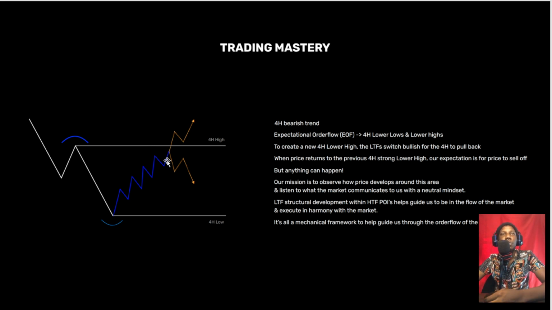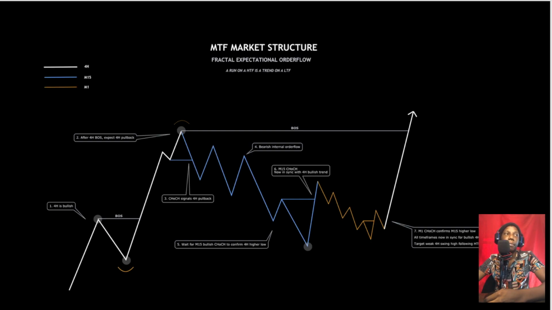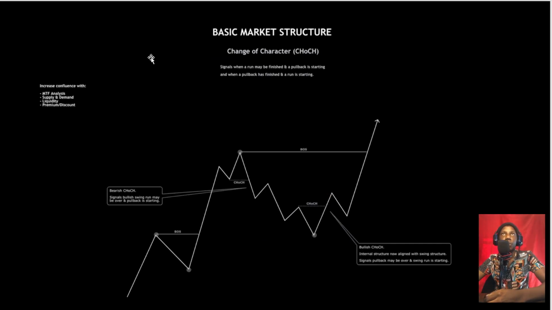So what I basically do is I wait for change of character in order to go lower. Okay, just like I explained to you. All right, so that is the basic market structure that you need to understand, and you need to understand that if you want to make it in this game.